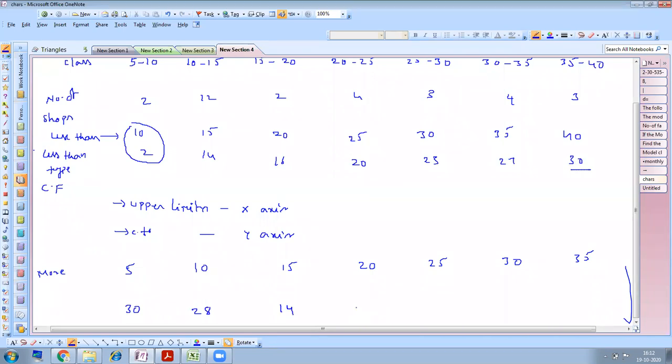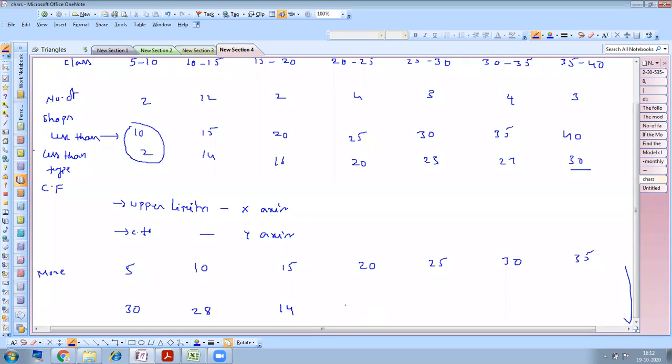And more than 20 is how much? 16. More than 20: 4 plus 3 plus 4 plus 3.